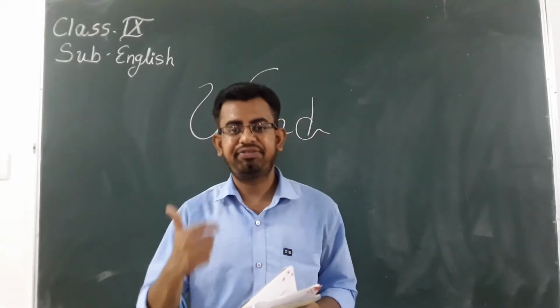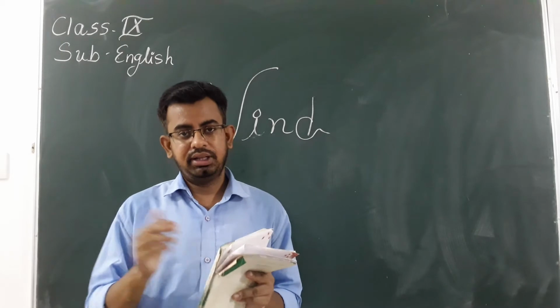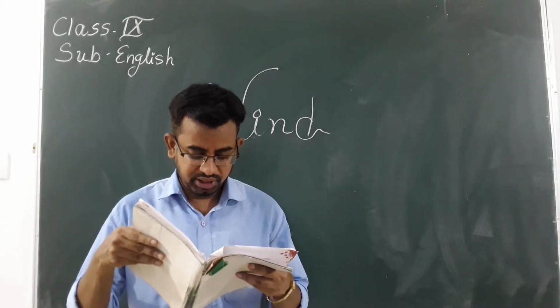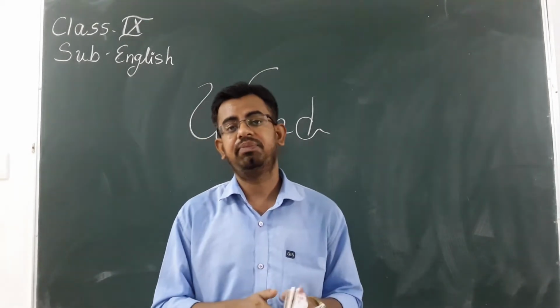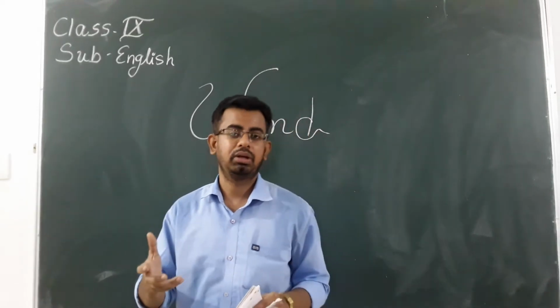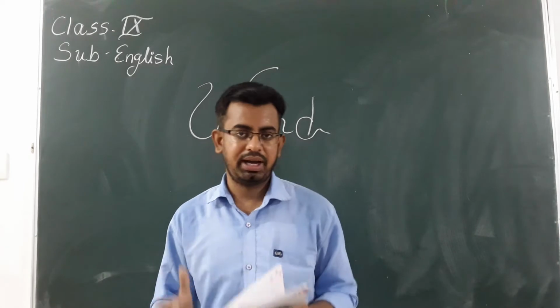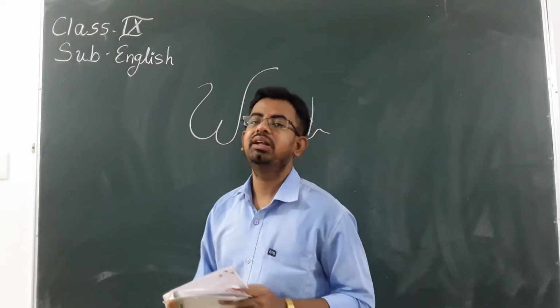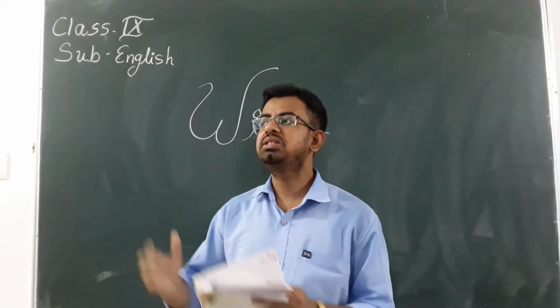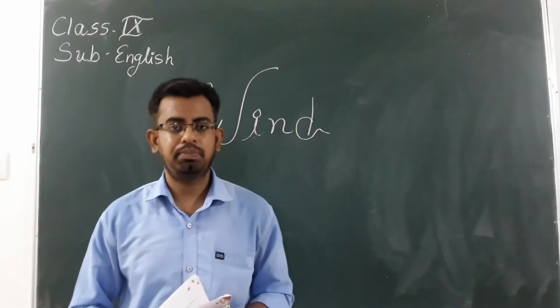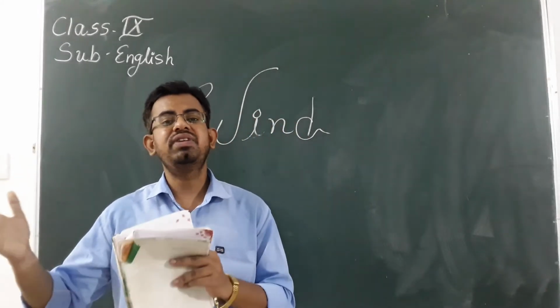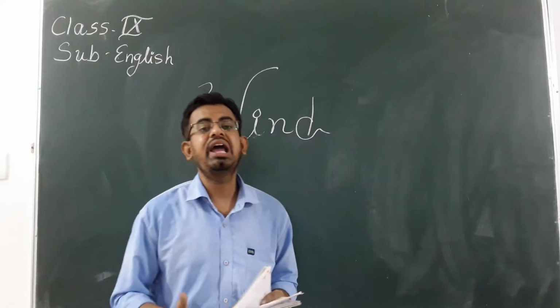Then the word rafter, in the first line, R-A-F-T-E-R. Rafter means beam, pillar, जो कि पूरे बिल्डिंग का बेस या फाउंडेशन माना जाता है. So in this line the poet is saying that once this wind arrives at some place, what happens?